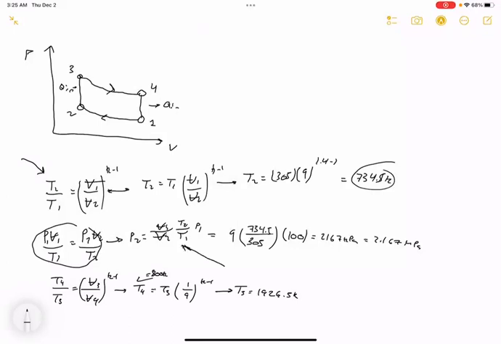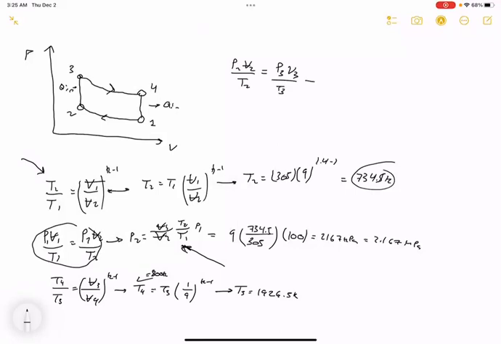Now that we know T3, like I was saying earlier, we can reuse this relation to find P3, going from state 2 to state 3. I'll say P2 V2 over T2 equals P3 V3 over T3.